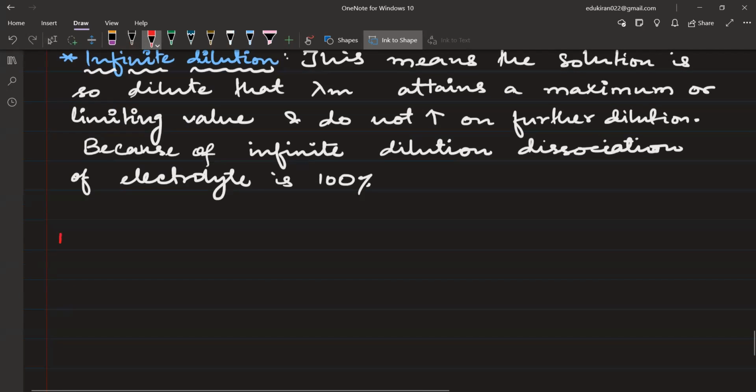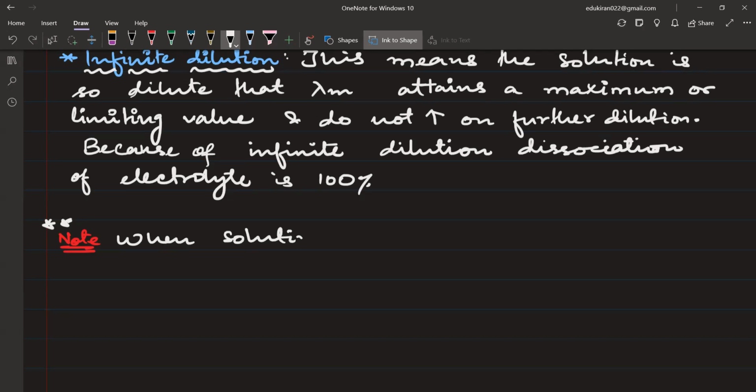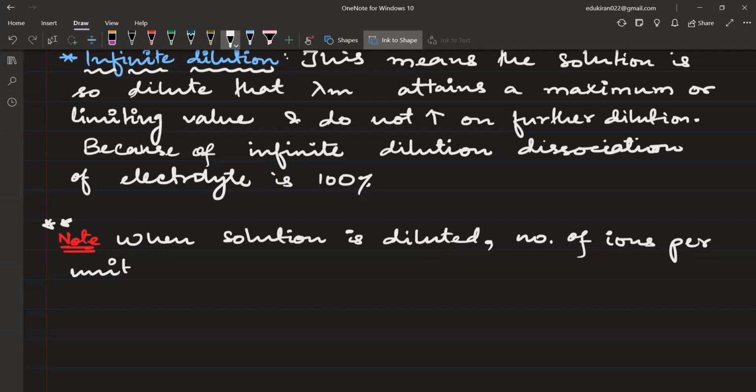Now write a note. It's also very important. When the solution is diluted, the number of ions per unit volume decreases.